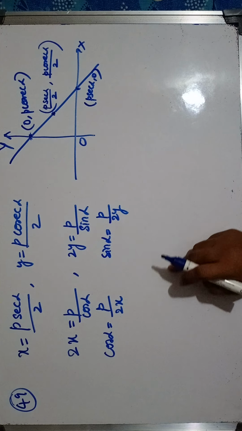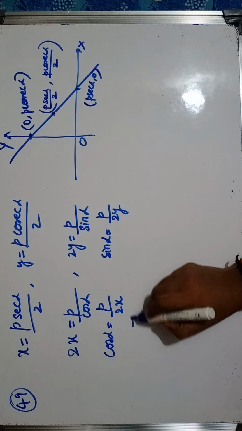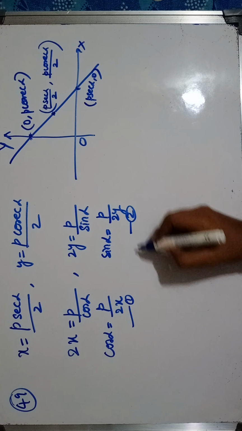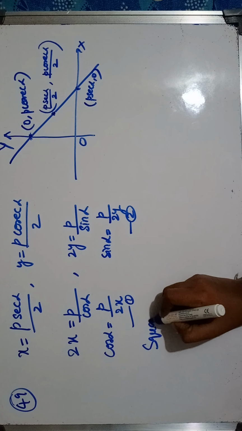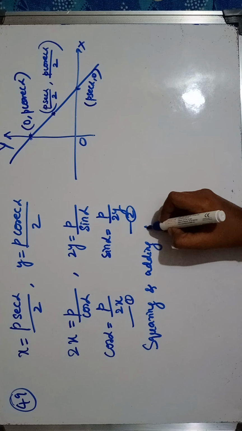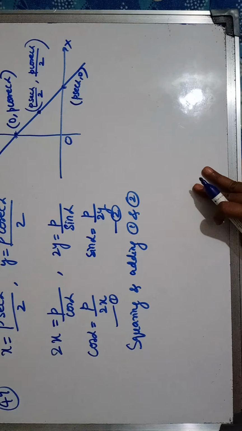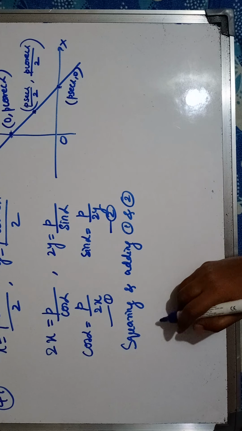Okay, now to find out the required locus of the midpoint, let me square and add these two equations. Squaring and adding equations 1 and 2, what you will get?